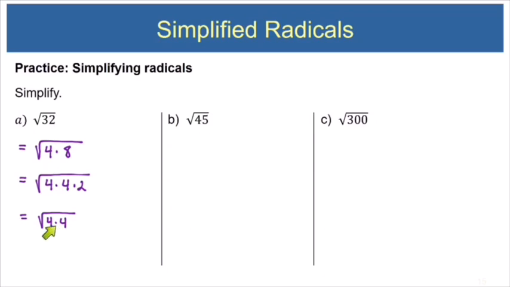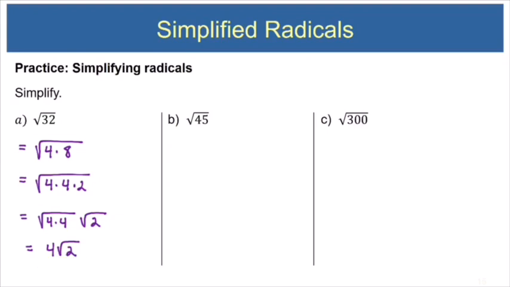I kept them together, and then I put the 2 under its own radical. Now this pair of 4's here, 4 times 4, is actually 4 squared. So the square root of 4 squared is going to be 4. And then the square root of 2 is not a whole number, so that 2 is going to stay under its radical. And our final answer is 4 times the square root of 2.